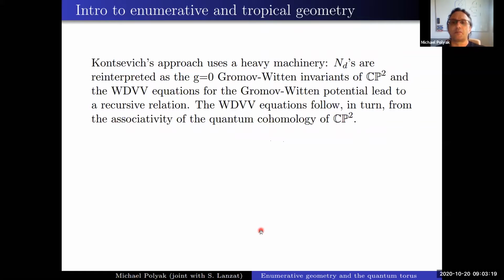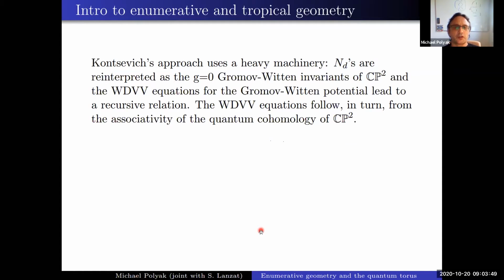The problem with it is that it uses extremely heavy machinery, of Gromov-Witten invariants and all these Witten-Dijkgraaf-Verlinde-Verlinde equations for the potential. And it's rather hellish. In particular, it uses quantum cohomology and other stuff.